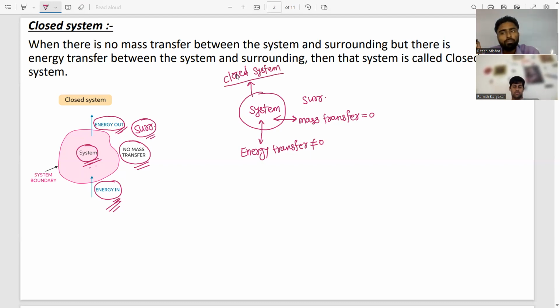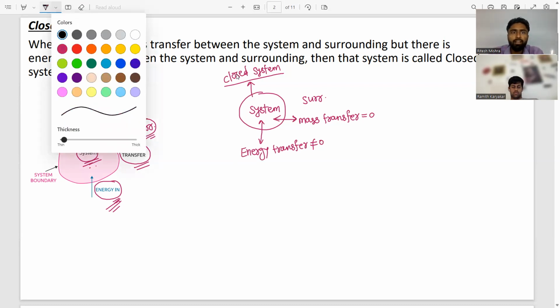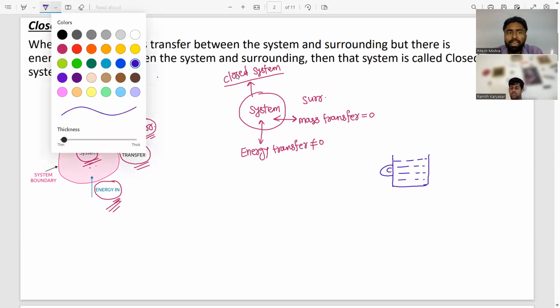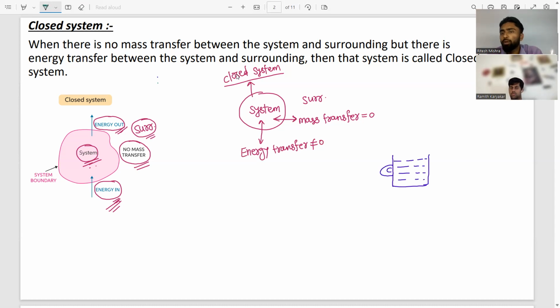Now let's take an example. Suppose, my dear, in your room, a cup of tea is placed on the table, and suppose you placed a plate over the cup.